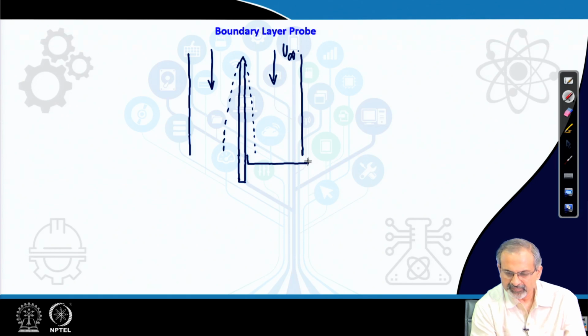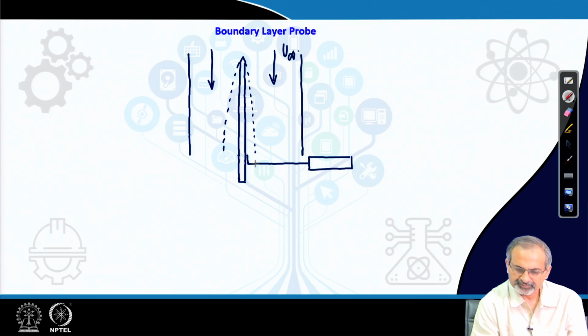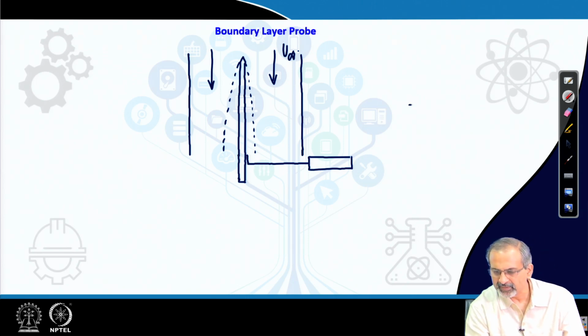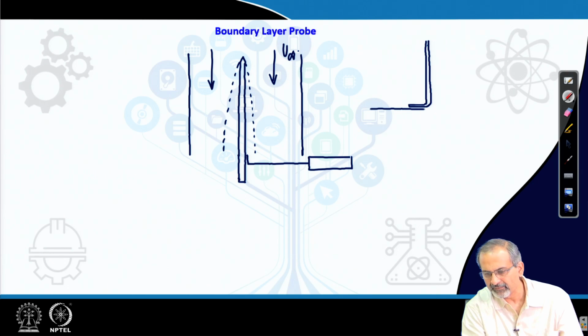This is a boundary layer probe. What is the specialty of this probe? Let us try to figure out. This probe needs to be having a very, very thin profile, so that it can reach very close to the wall.